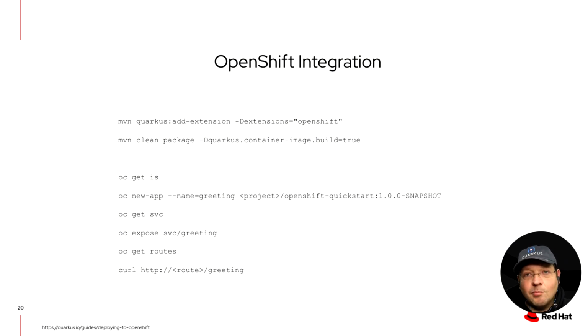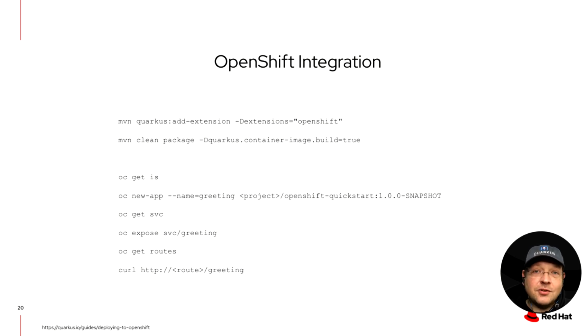Just by adding a simple extension to a Quarkus project, you can trigger container builds in OpenShift. And you can basically just access an application that got deployed to OpenShift afterwards by looking at the OpenShift routes. So it's as simple as this. The guide isn't even longer than this slide. If you want to try this, you're more than welcome.